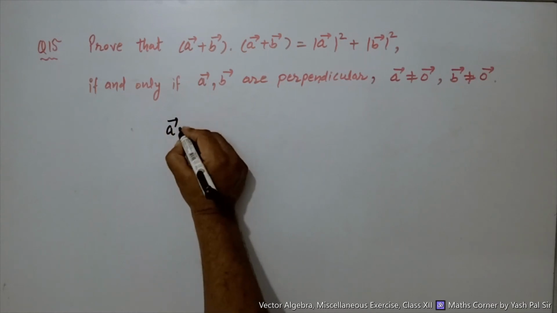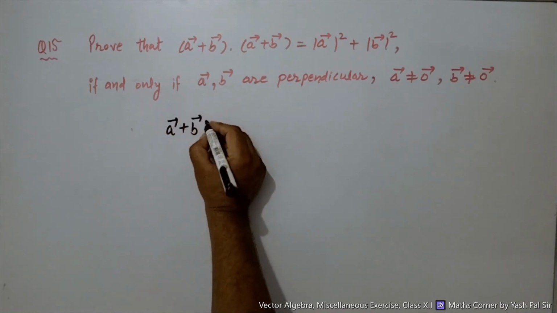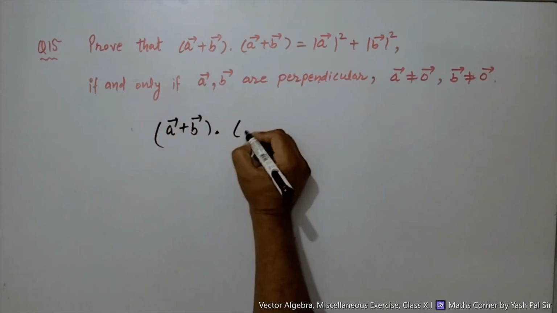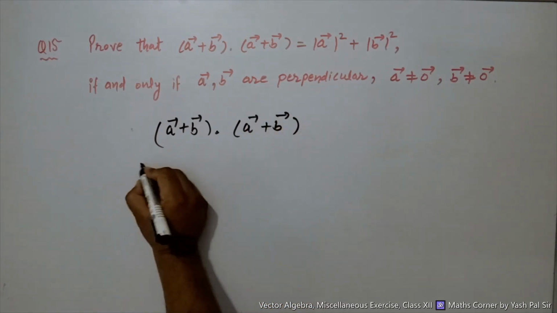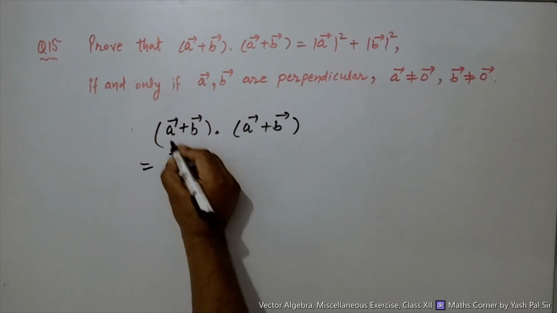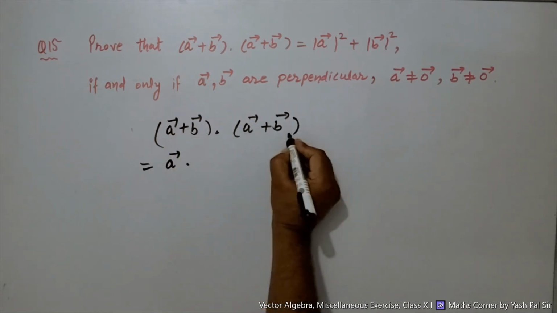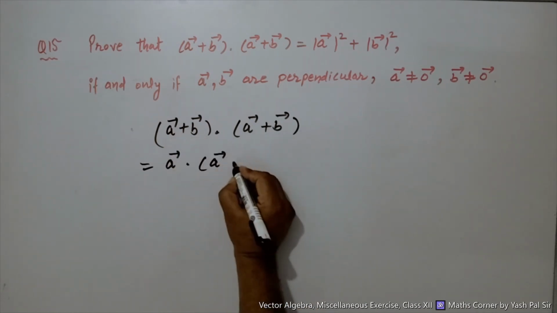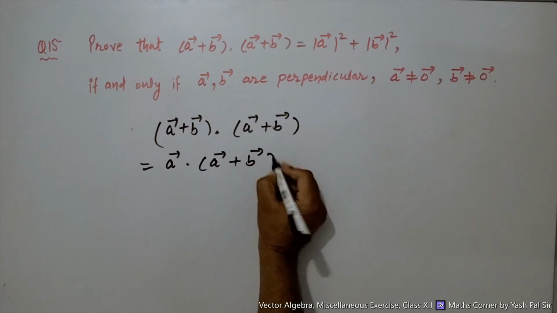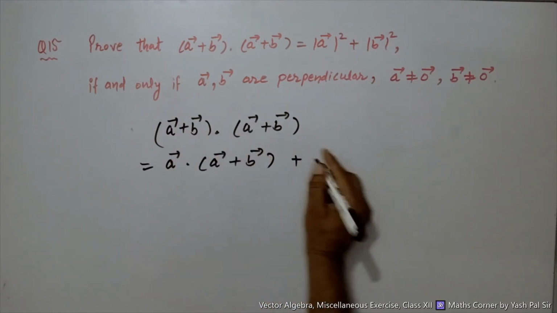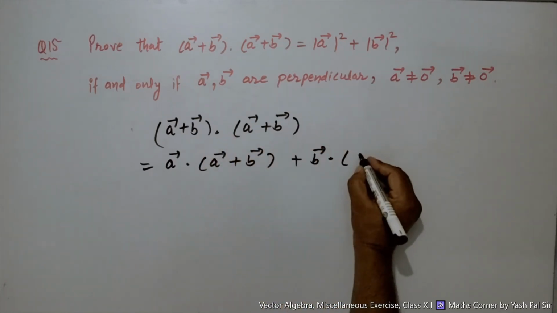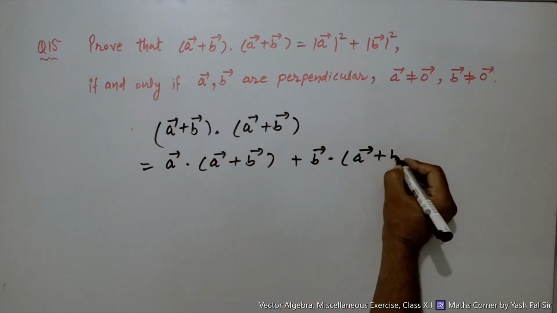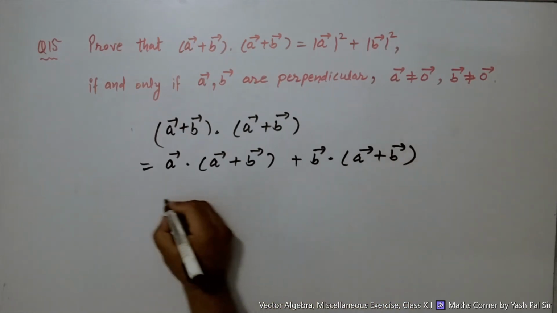So here we start with vector A plus vector B dot product vector A plus vector B. This means vector A, the first term, dot product second bracket vector A plus vector B, plus the second term B vector dot product second bracket A vector plus B vector.